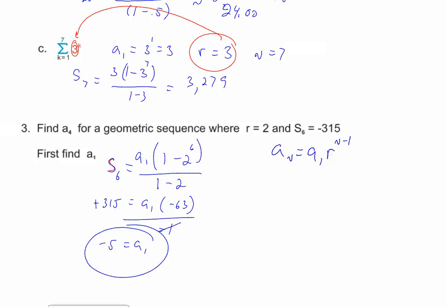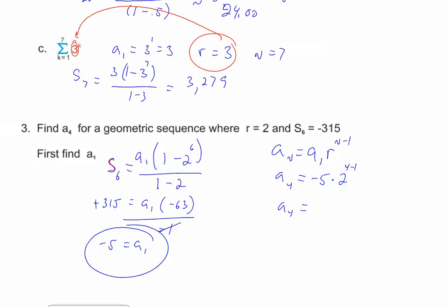So with that, you can go ahead and figure out a sub 4, right? Because we know a sub 1, we just found it. We know r, and we know what n's going to be. So you just finish it up subbing in, right? So go ahead and sub in and finish that thing up. You can even do that one in your head.